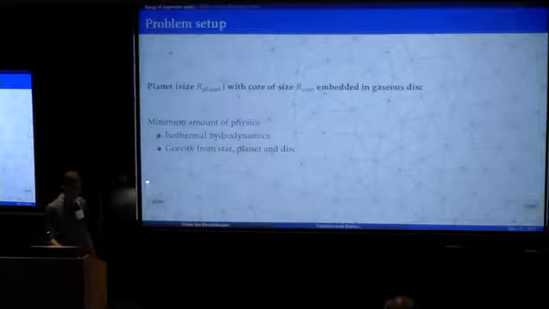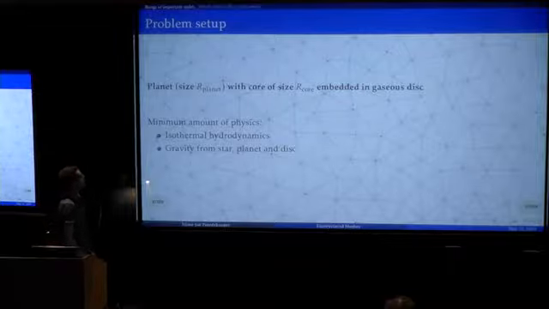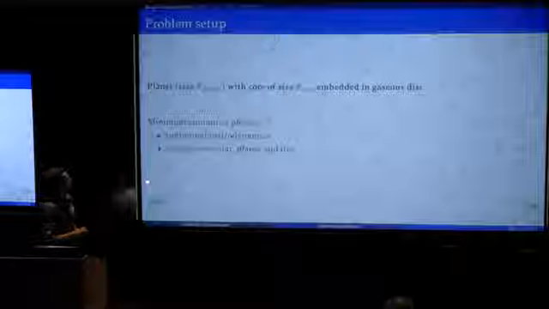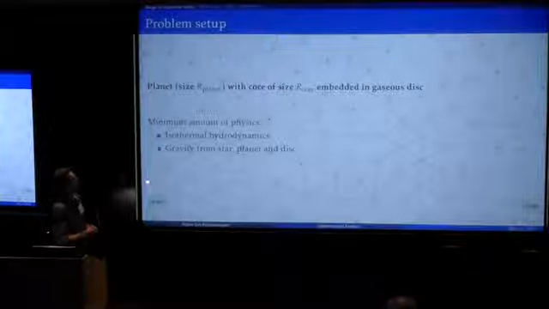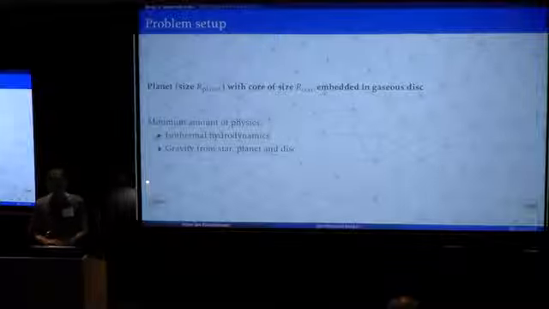But first of all, the very basic problem that's been discussed extensively already. So we have a planet of a size, perhaps Jupiter. If it's a Jupiter-size planet, it might have a solid core of a certain radius as well. And of course, it's embedded in a gaseous disk.